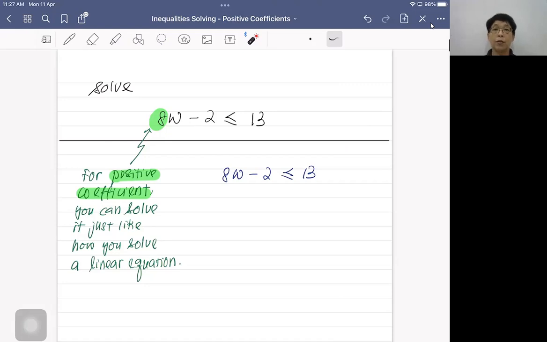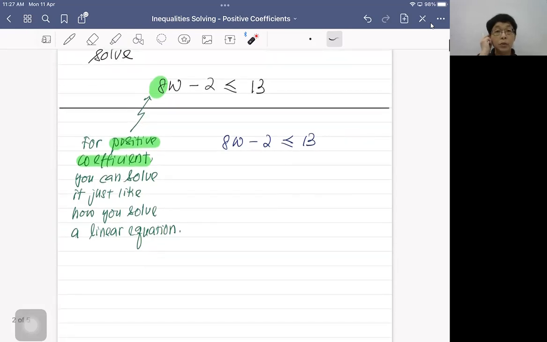Whenever you have an inequality in front of you, the very first thing you want to focus on is to check whether the coefficient is positive or negative. And as I have highlighted here, it is 8 and it is a positive 8.